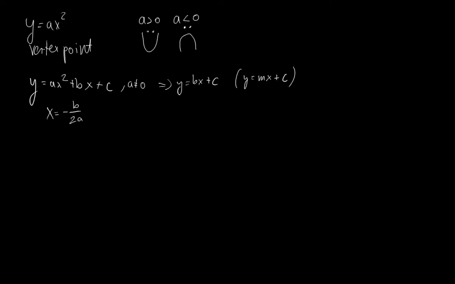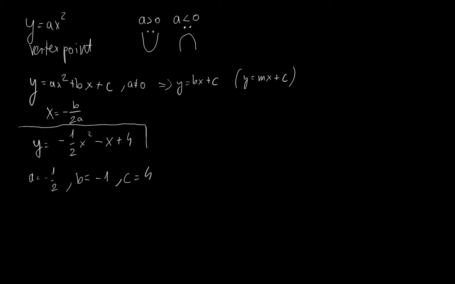Its y-coordinate is found by substituting x equals minus b over 2a in the parabola's equation. Now let's see an example. Graph the equation y equals minus 1 over 2 times x squared minus x plus 4, for example. Comparing the equation with y equals ax squared plus bx plus c, we can see that a equals minus 1 over 2, b equals minus 1 and c is 4.